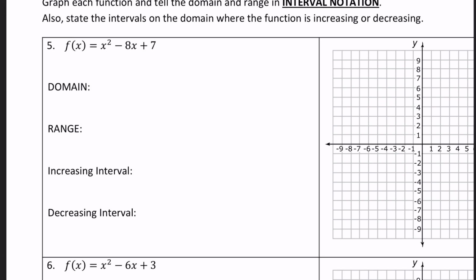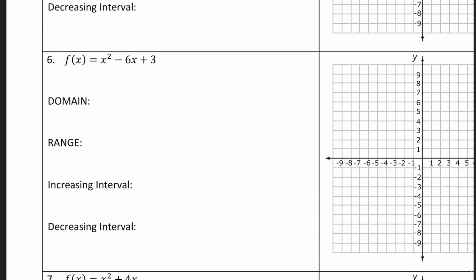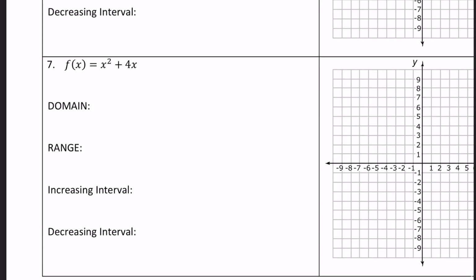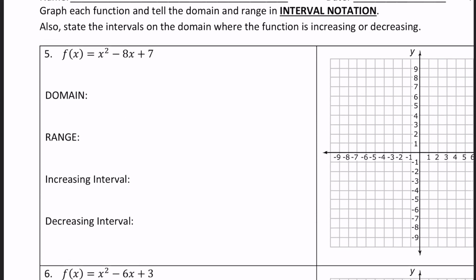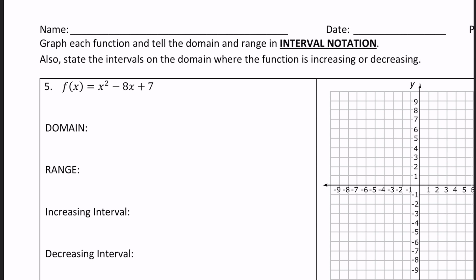But now we're going to talk about taking something that is in its standard form and seeing if we can get it into that vertex form so that we can put it on a graph and see what its graphing behavior looks like. So you have 3 problems like that to practice not only putting it into the vertex form, but also doing the graphical analysis of it, and then state your domain, range, and the intervals on which the function is increasing and decreasing.